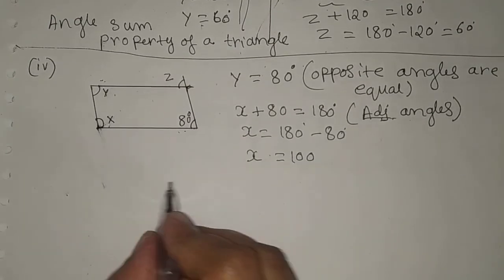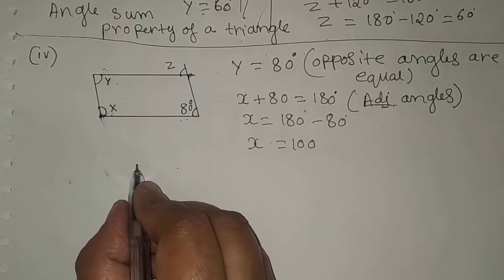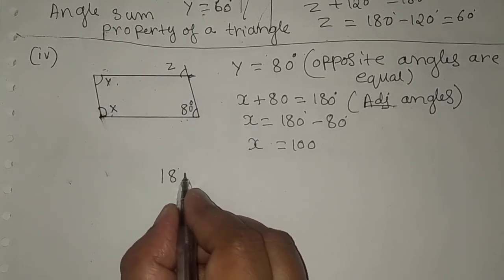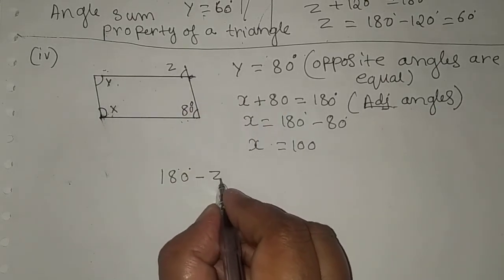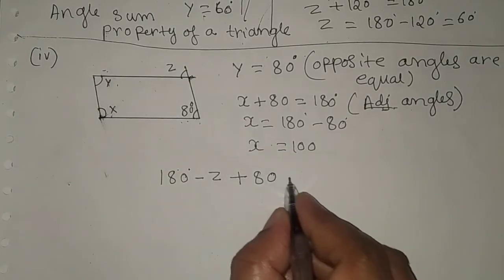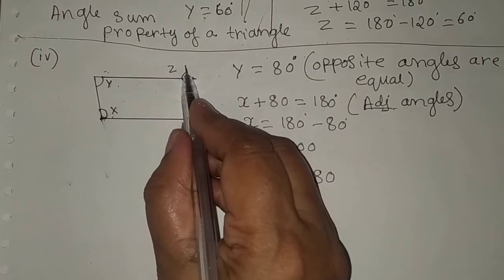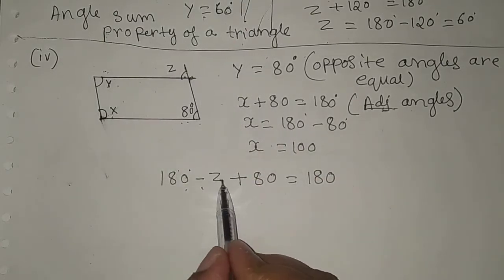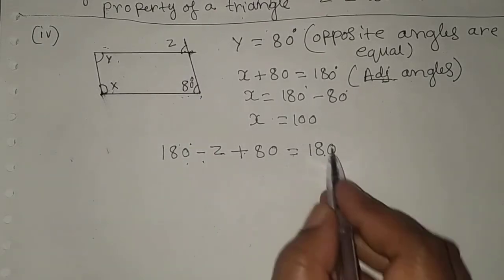100 we got. Now after this, X is equal to 100. Now we have 180 minus this one Z, 180 minus Z plus this is adjacent, so therefore 80 is equal to 180. This one is outside, so this is an exterior angle, therefore we have to take 180 minus Z plus this adjacent angle, that is 80, is equal to 180.